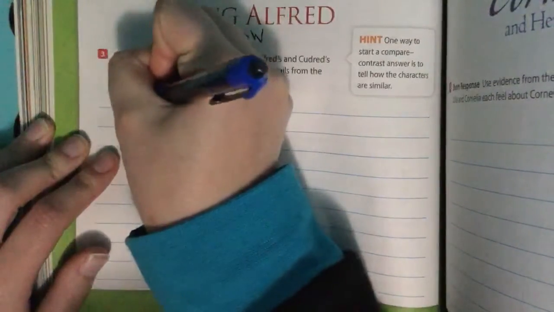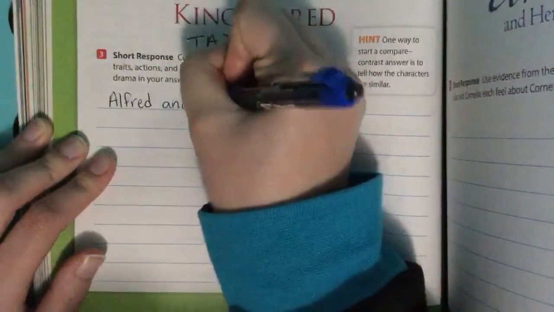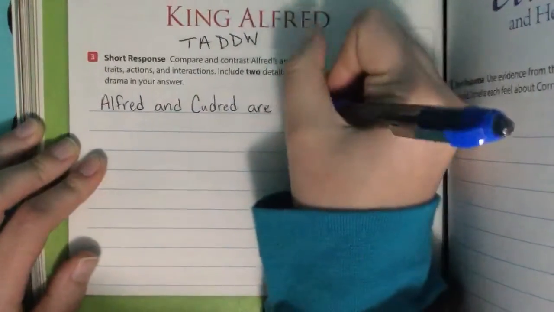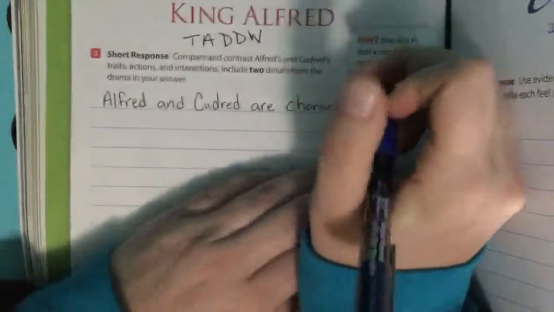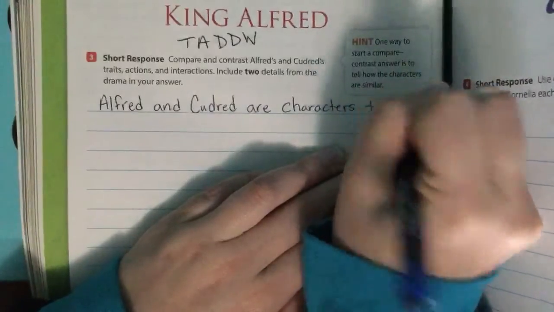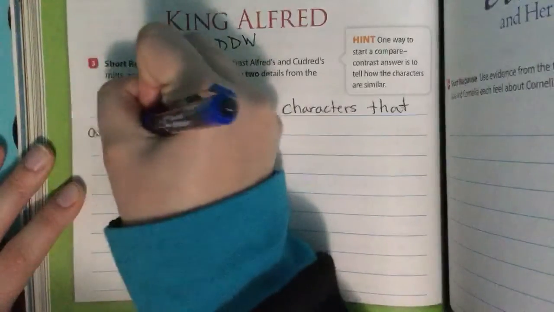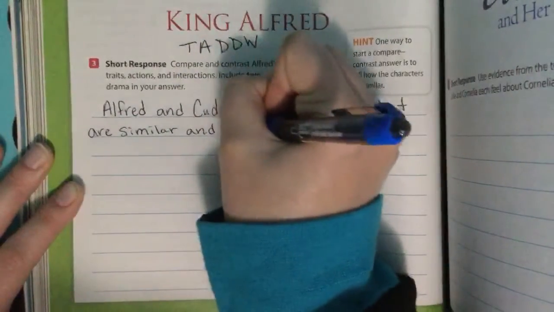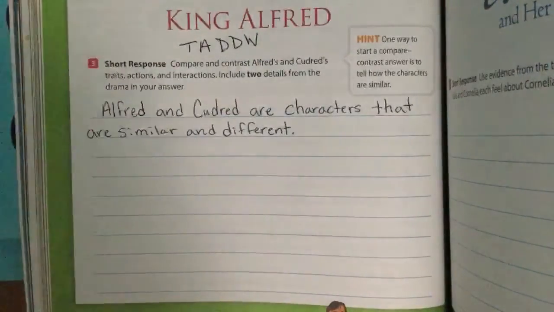So we will say, Alfred and Cudred are characters that are similar and different, because when you compare and contrast, you have the similarities and differences.